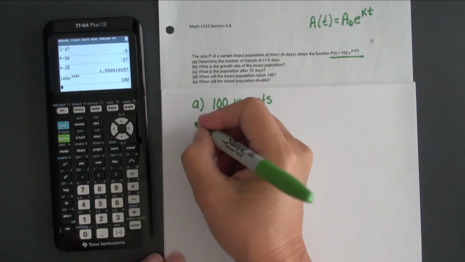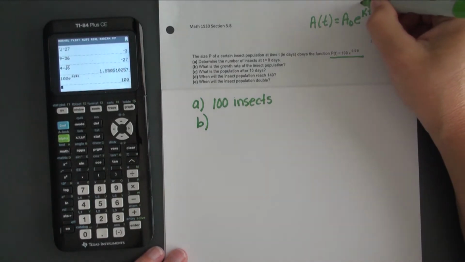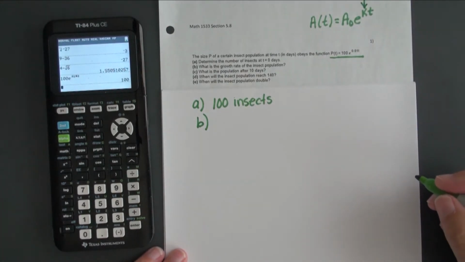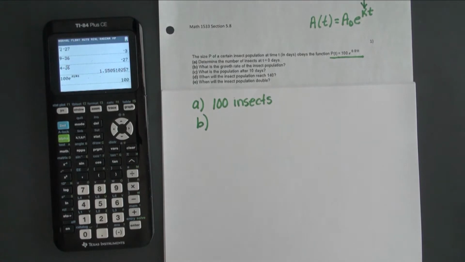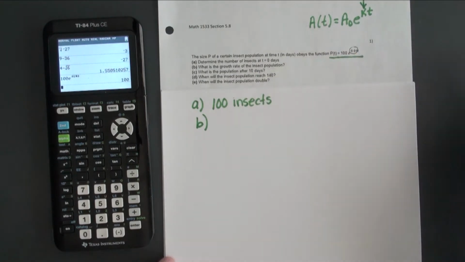We want to know the growth rate of the insect population. And the growth rate is our K. In this case, our growth rate is that 0.01 that occurs before the t.